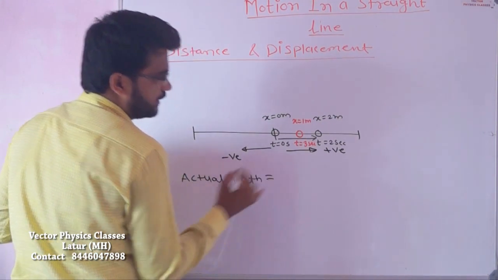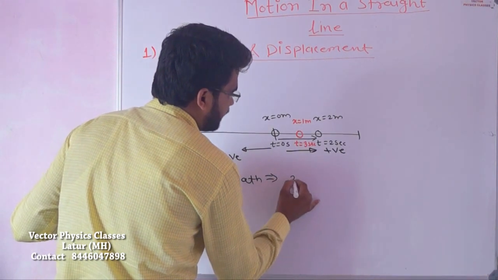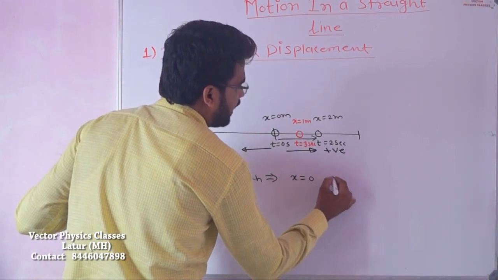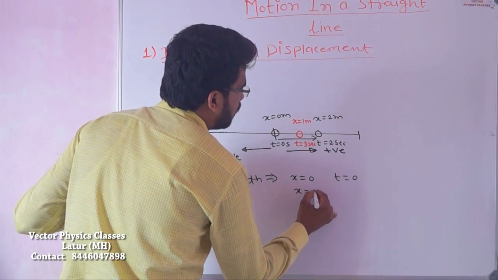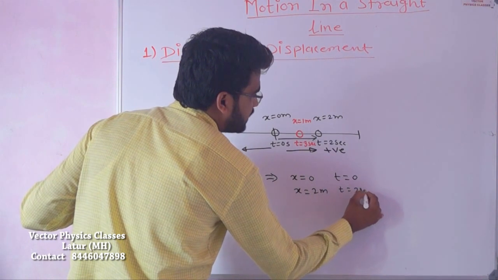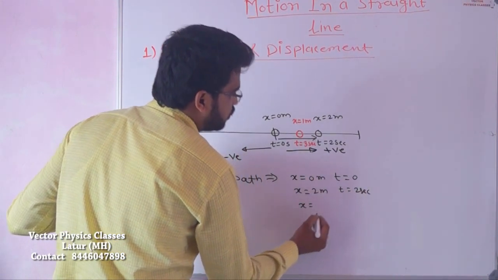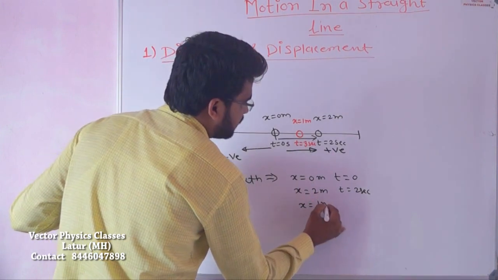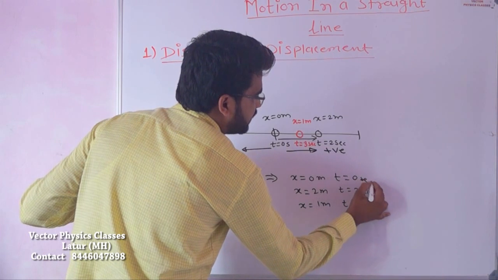actual path is equal to, we can write x is equal to 0 at t is equal to 0, x is equal to 2 meter at t is equal to 2 seconds, then we have 1 meter, then t is equal to 3 seconds, isn't it?